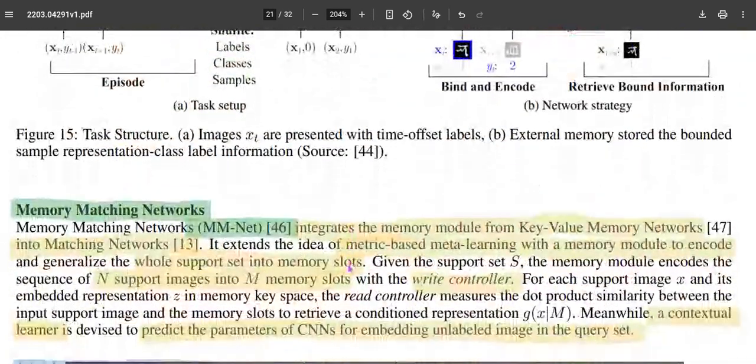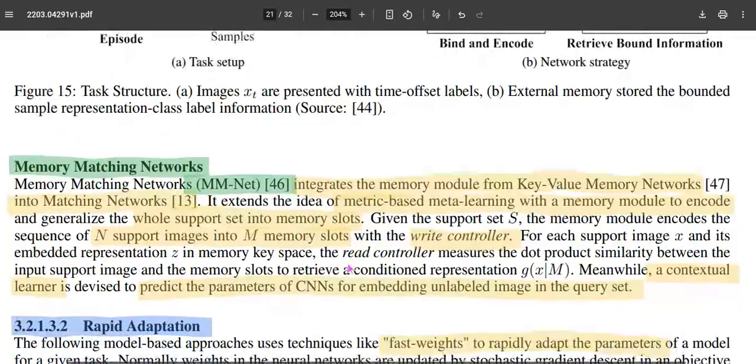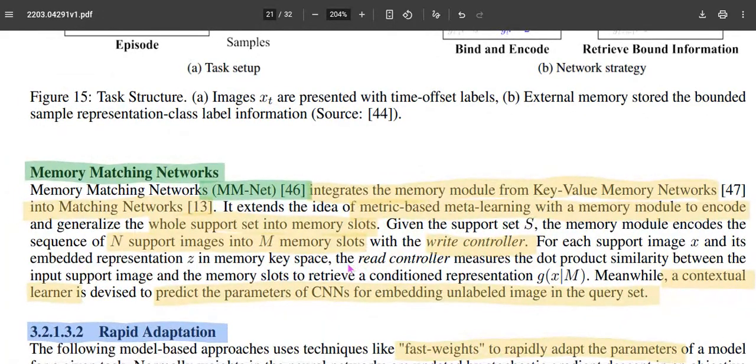Another memory based meta learning approach is called memory matching networks. It is something like augmenting the metric based meta learning approach, matching networks, with an explicit memory. Here, the support set, such as images, is embedded, and that embedded information is stored in the external memory.